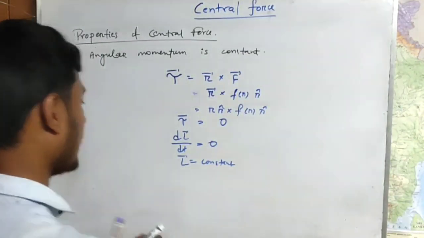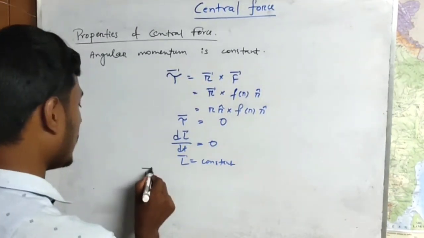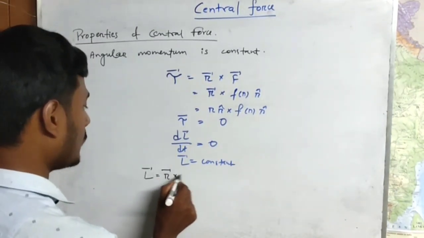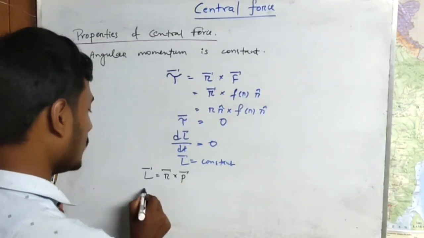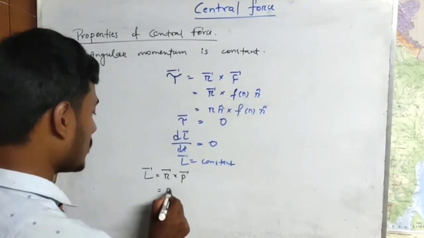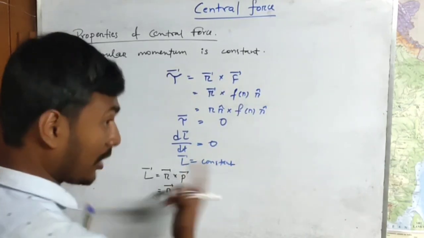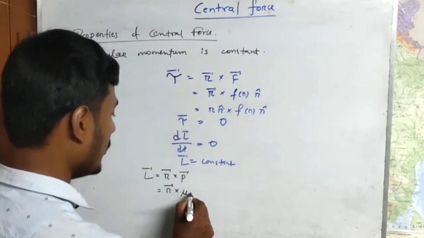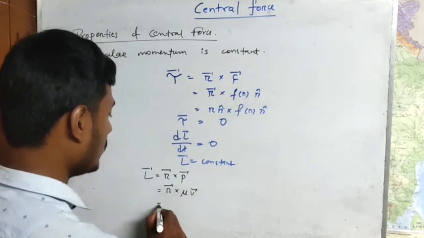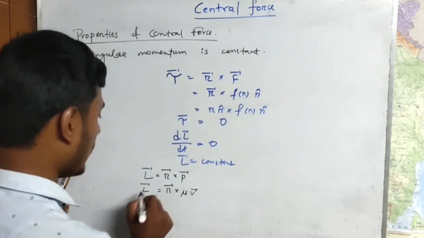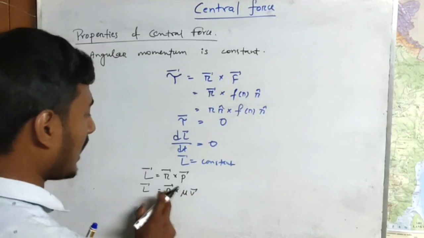Now we can write that L is what? L is r cross p, where p is the linear momentum. Now r cross p is what? For a reduced mass system, or one body system, we can say p is mu v. So we can say L vector is perpendicular to the plane of r cross v.